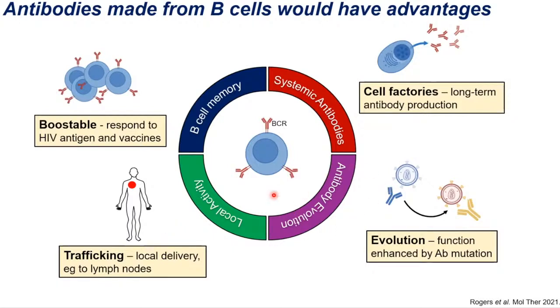And then finally over here, antibody evolution. This is this weird and very cool trick that antibodies do, in that once an antibody has been made, the body isn't satisfied with that. The antibody genes themselves undergo a process of tweaking and mutation that can then be acted on to select for better and better antibodies.